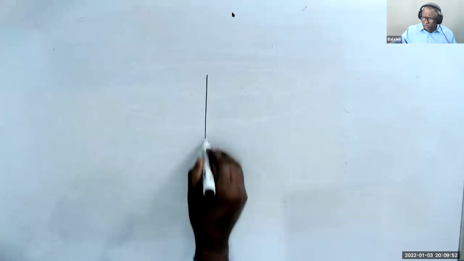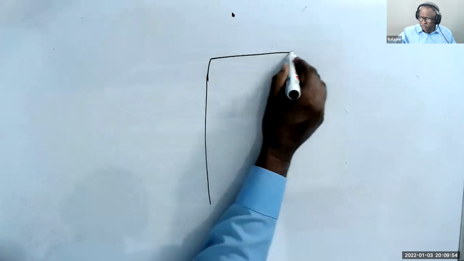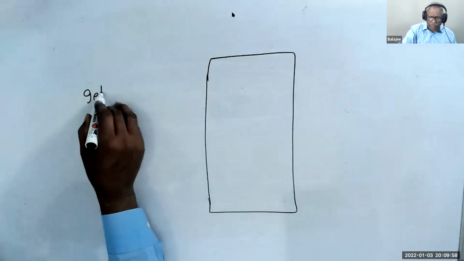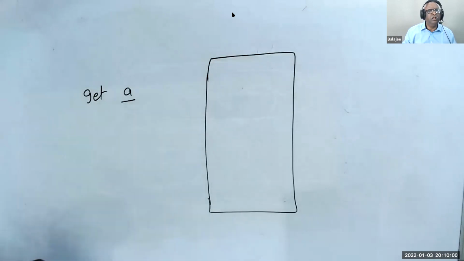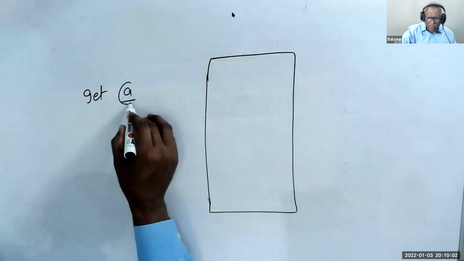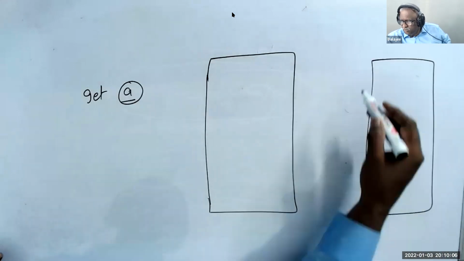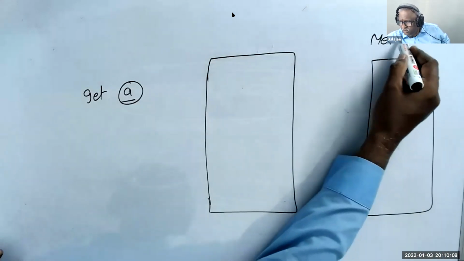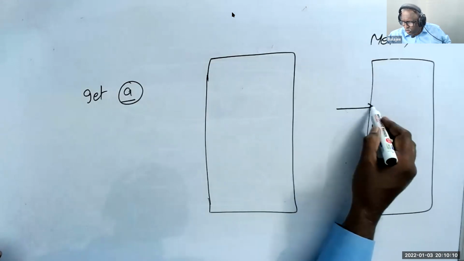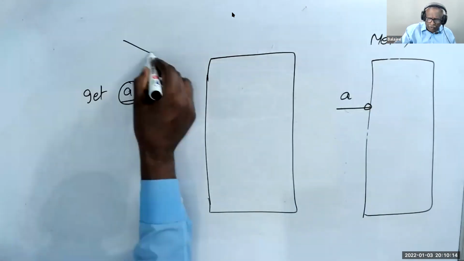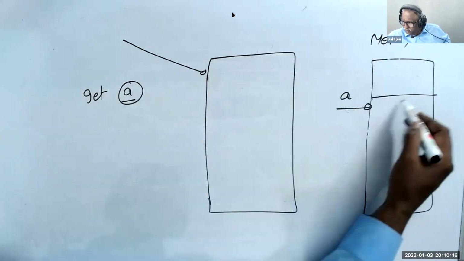When you write a program and give it to the computer, you say get A. I told you that in memory there is a small space called A that is going to get the value from your keyboard and store it here.